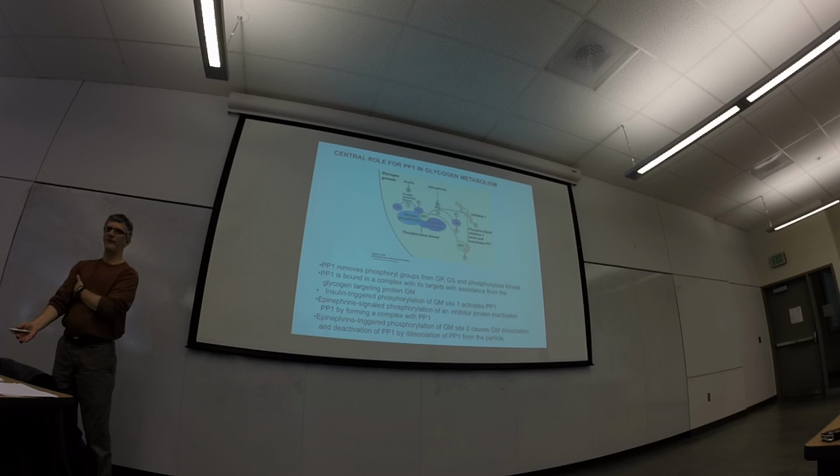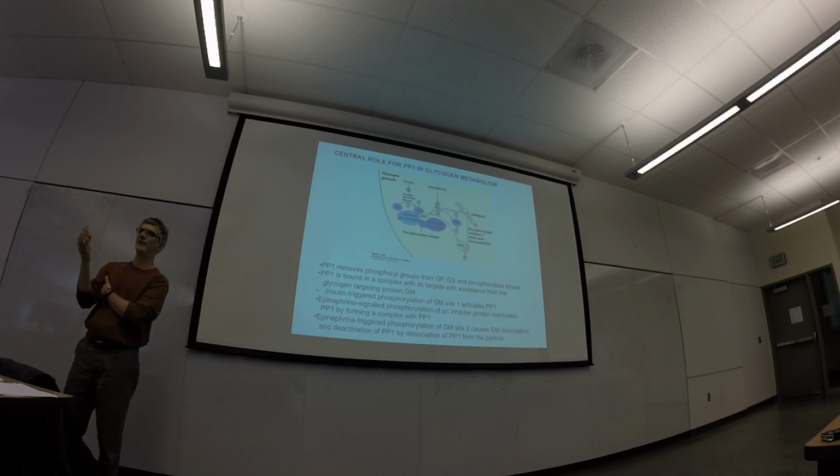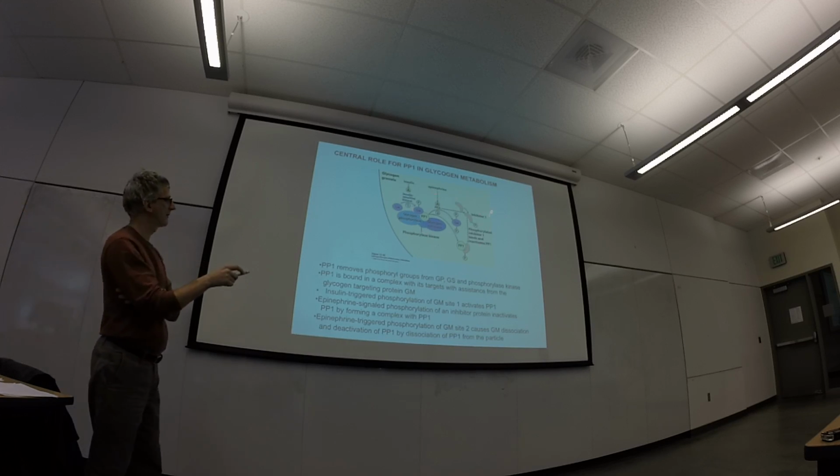So epinephrine's stealthy little trick is to just pull the guy out of there. Because when PP1 is in there, insulin is winning the war here. Insulin wins if PP1 is stuck in this particle. So epinephrine says: I've got to get it out of there. I'm going to bring in this inhibitor protein by virtue of my cascade, and have that protein bind PP1 and say goodbye to the particle.